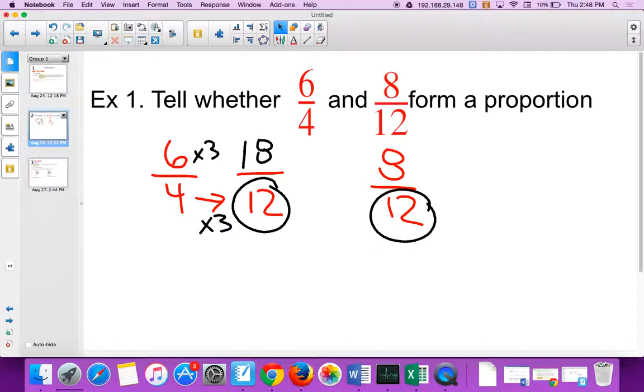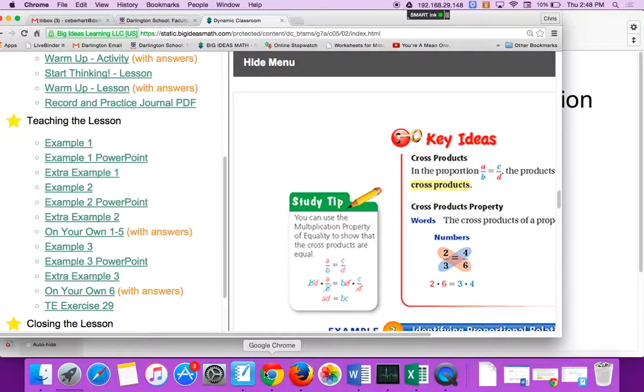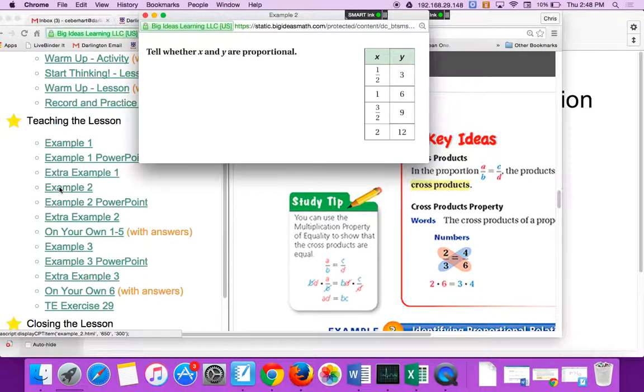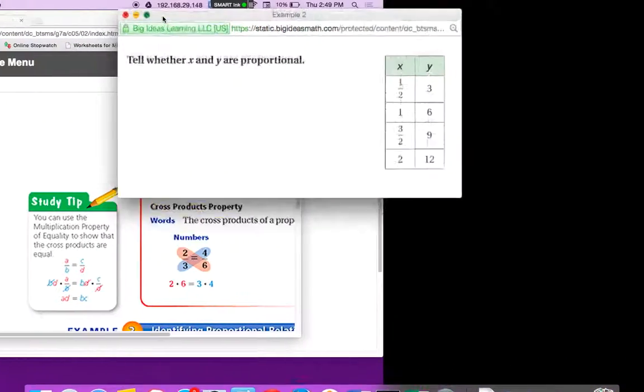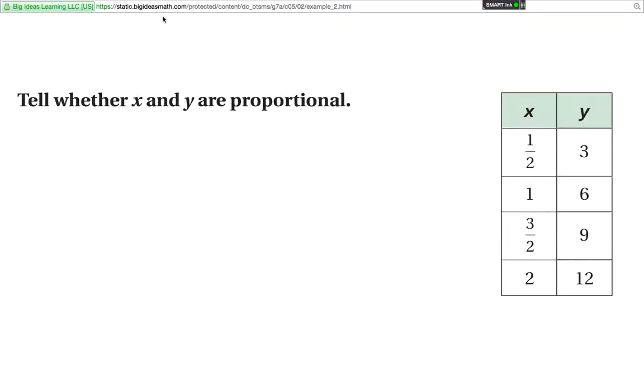Okay. The next example, which we pull up on the other screen, is a table. If a problem gives you a table and says tell whether x and y are proportional, the easiest thing to do is take the numbers within each row and compare them.